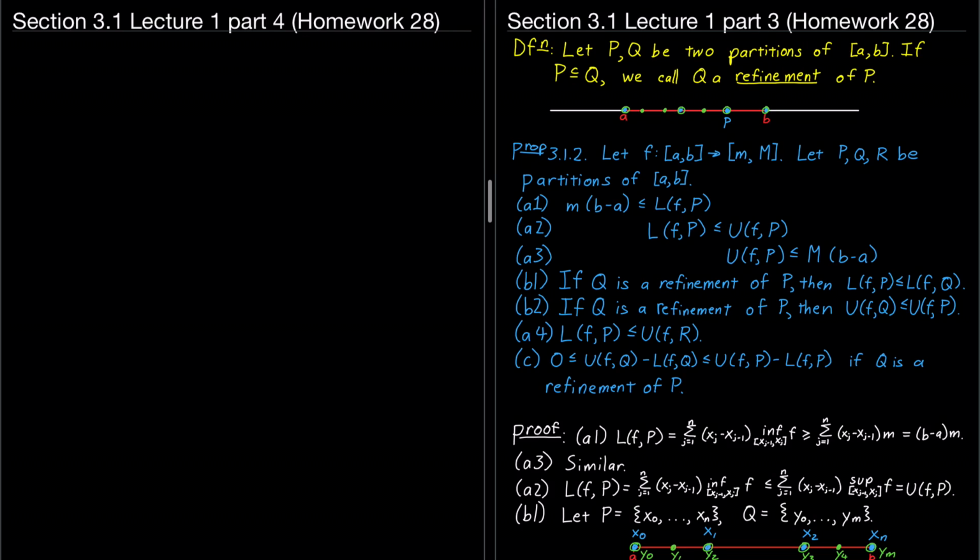So let's set up the notation. And as I said, this is the hard part of proving part B. So P is a subset of Q because Q is a refinement.